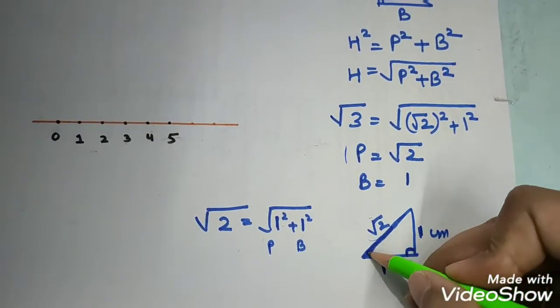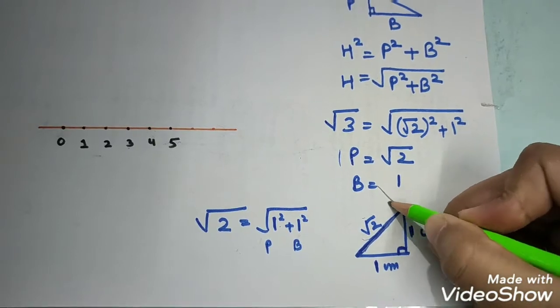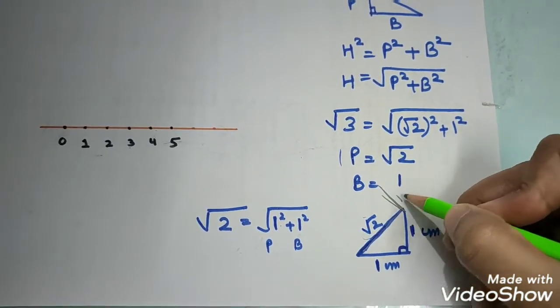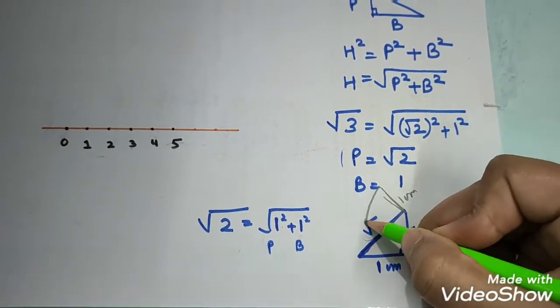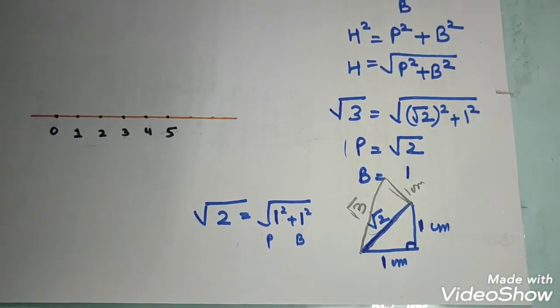So further, you will take root 2 as a base and you will form 1 centimeter perpendicular line, and when you join these two, it will become square root of 3.